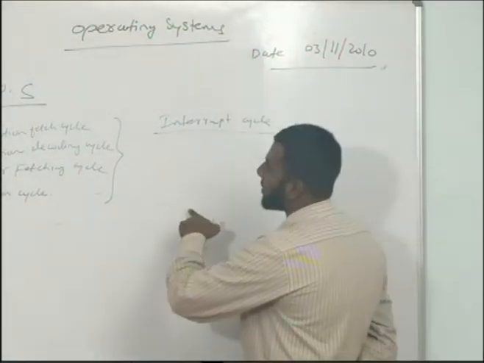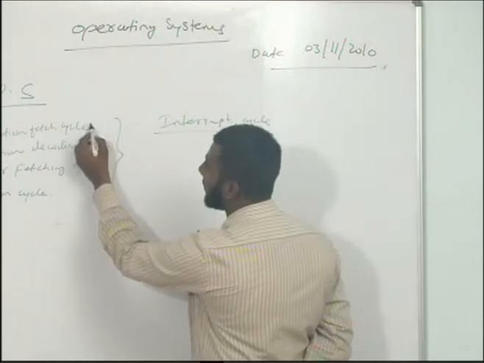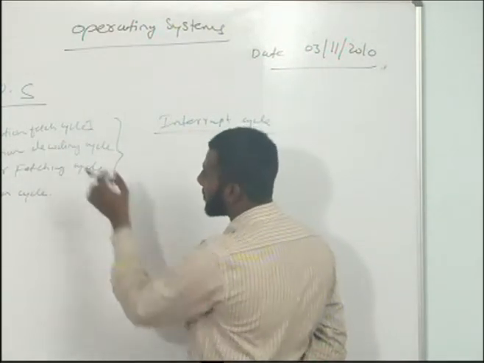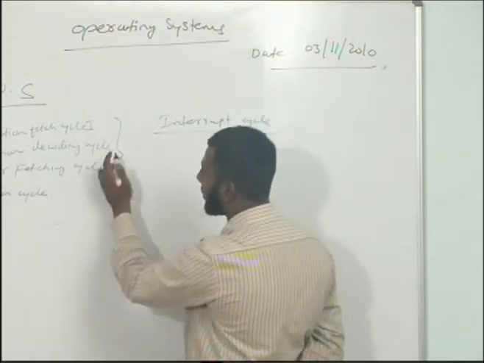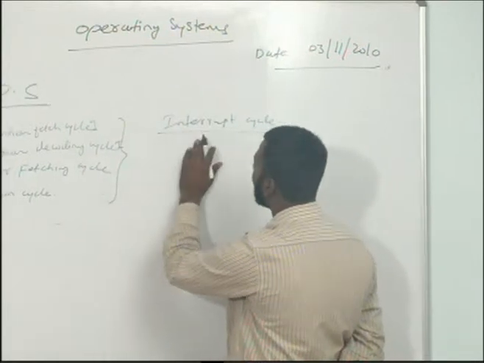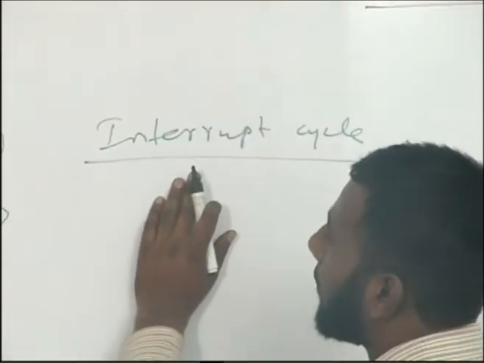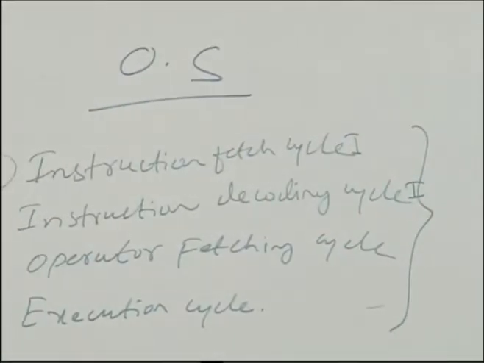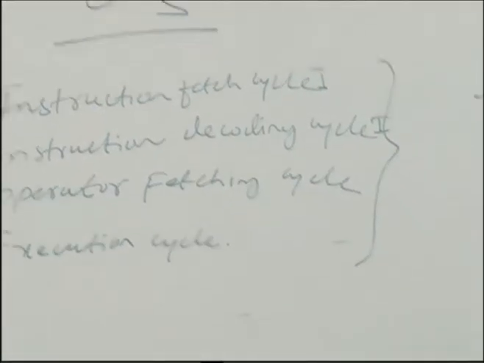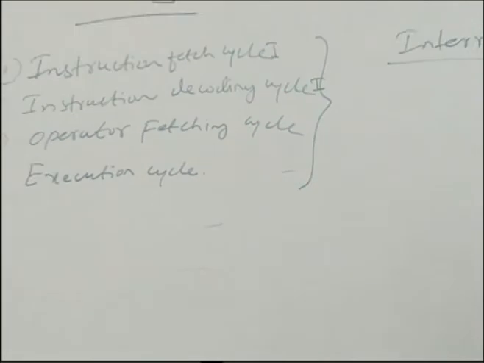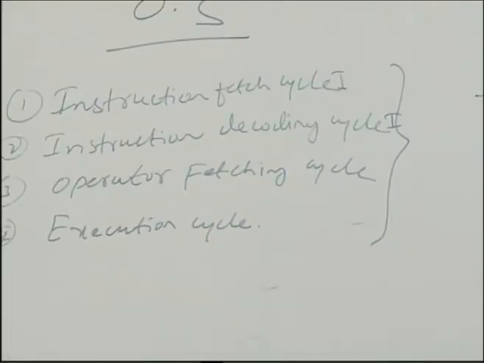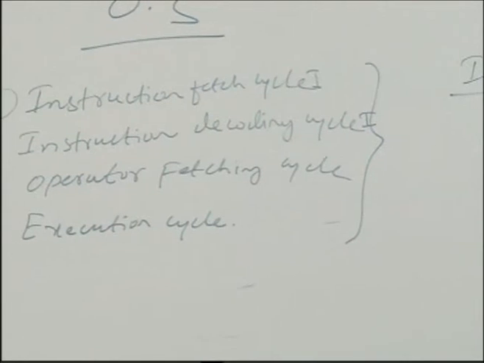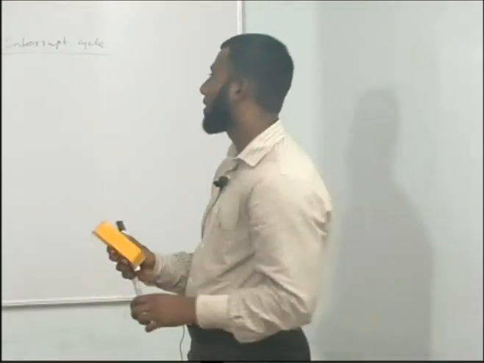Whenever any interrupt comes in between instruction fetch or instruction decoding, it will not be entertained immediately. It will first complete the current cycle and then service the interrupt with the help of interrupt service routines.